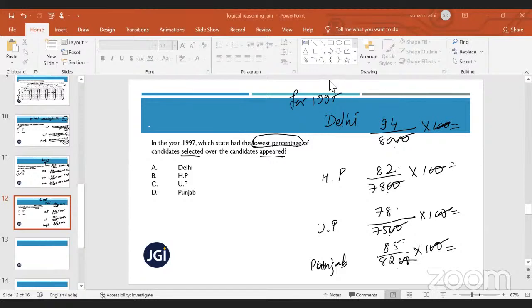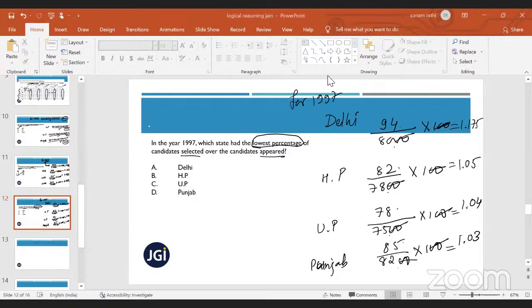If I calculate it, 94 upon 80 will be approximately 1.175, right? HP, 82 upon 78, 1.05. UP, 1.04. Punjab, 1.03, right? So which one is the lowest?